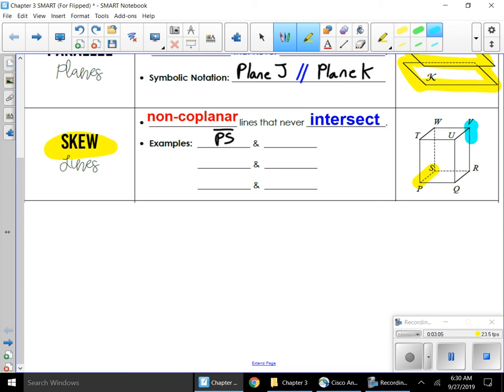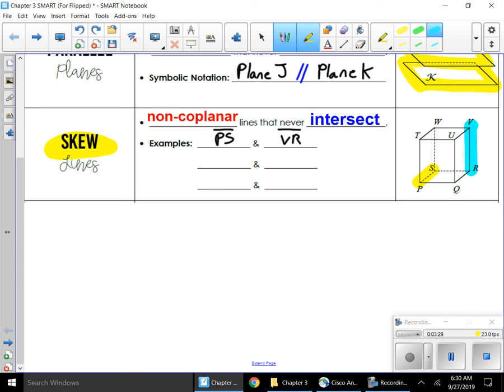VR is skew with PS. They will never intersect, but they're not on the same plane. So because they're not on the same plane, they are non-coplanar, and that makes them skew. There are other lines which are not coplanar with PS. UQ, for example. UQ is a skew line, but I'm just looking at one example here.